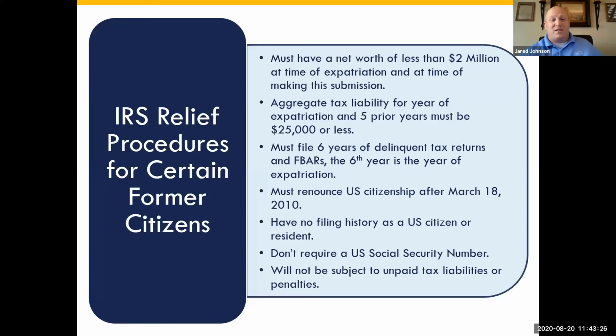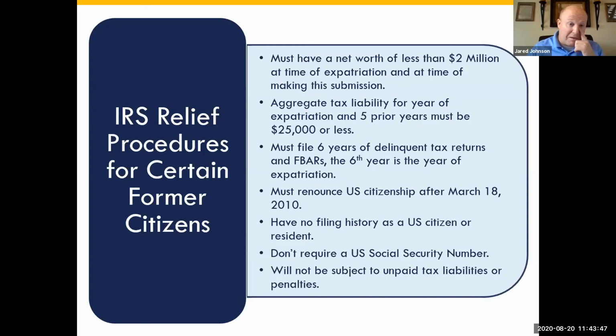So really this program is very limited, but it does help a lot of people who don't have a lot of tax and they're an accidental citizen, that they don't have a social security number, and they don't want any ties to the U.S. In certain cases, they've never had a passport and they don't want one.